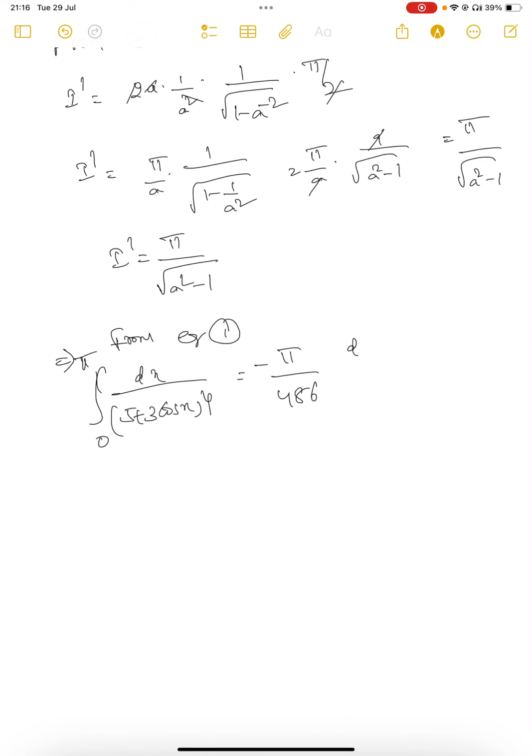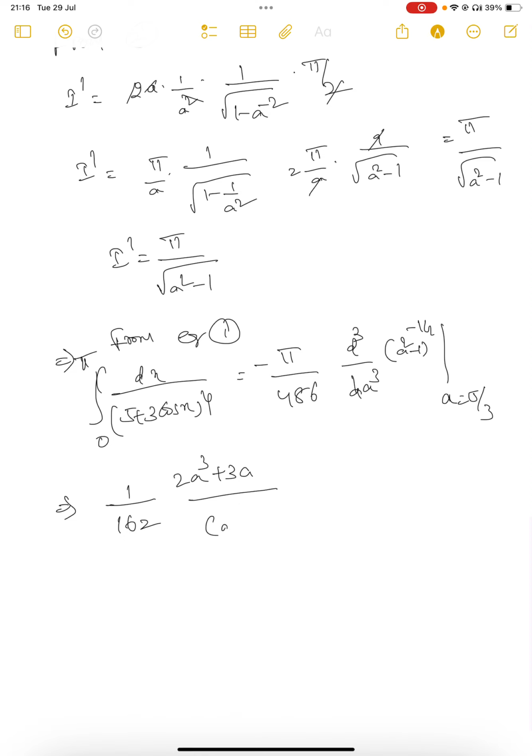Then there is a d cube by d a cube of this part, a square minus 1 whole power minus 2, where a is 5 by 3. After differentiating 3 times, you will get it as 1 by 162 into 2a cube plus 3 by a square minus 1 into 7 by 2 pi, where a is 5 by 3.